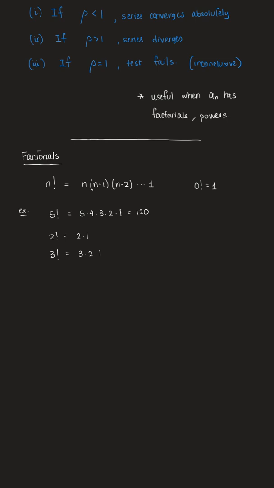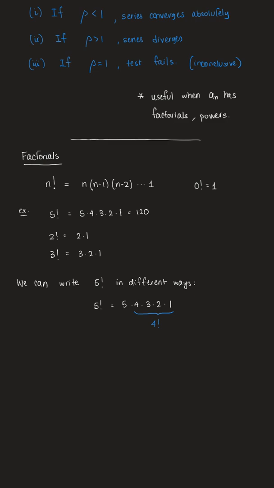Now, a note here. We can write 5 factorial in different ways. We know that 5 factorial is 5 times 4 times 3 times 2 times 1, but 4 times 3 times 2 times 1 is actually 4 factorial.